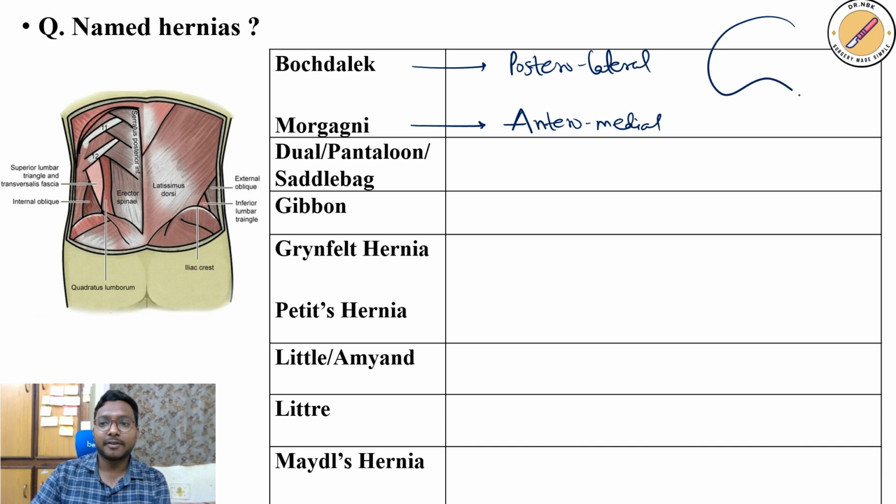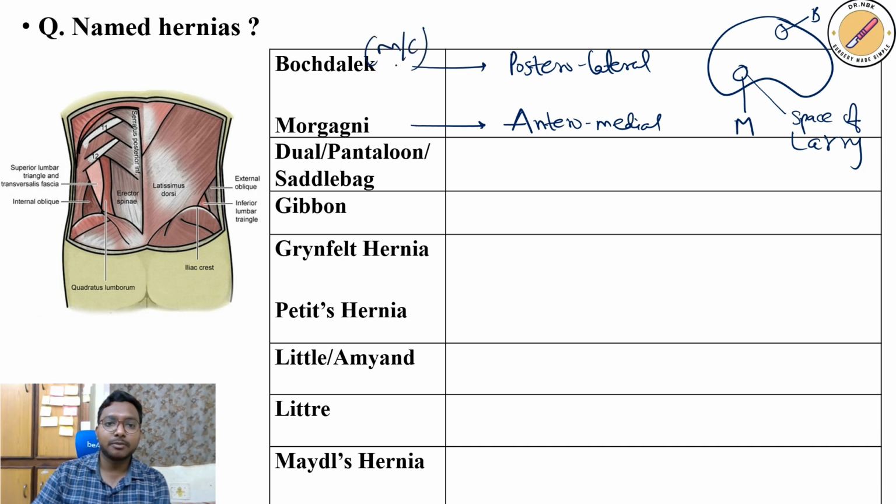So this is the diaphragm we have. Anteromedially we have Morgagni hernia, and posterolaterally you have Bochdalek's hernia. The anteromedial one is happening through the space called space of Larrey. And which is more common among these two? Obviously, Bochdalek is more common.